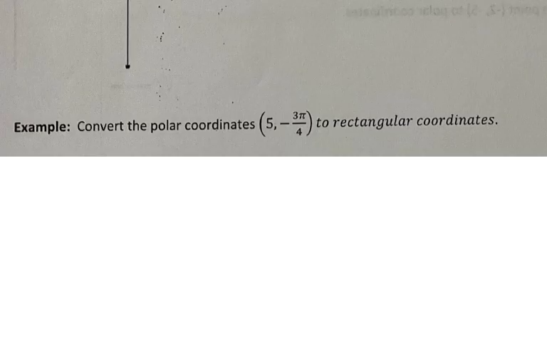So now we're going to be given something in polar coordinates, and we want to know what the rectangular coordinates of that are. So we have a formula for this.